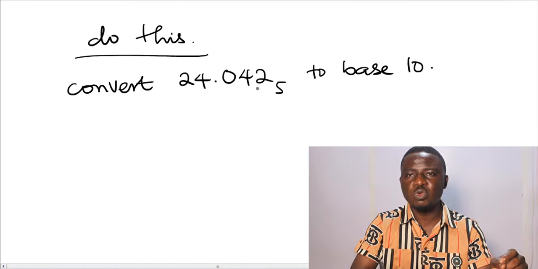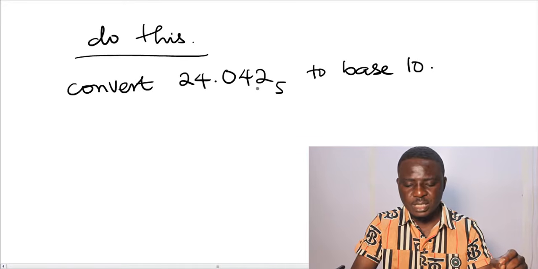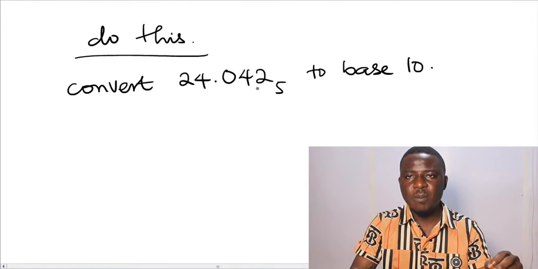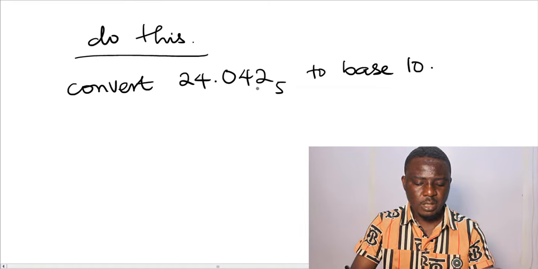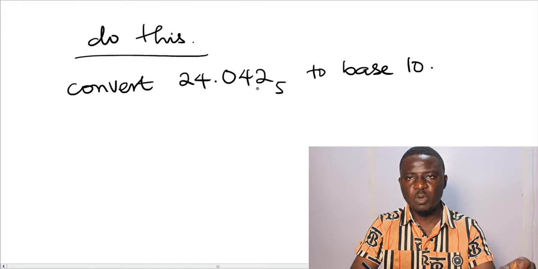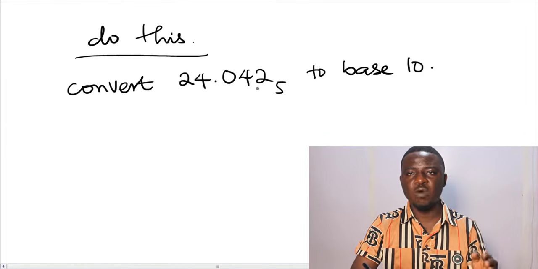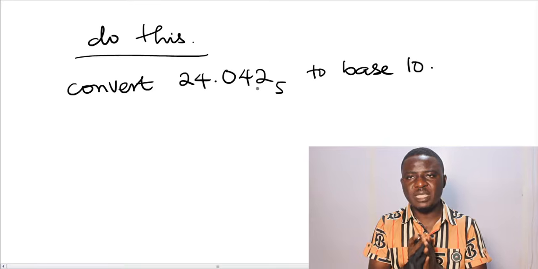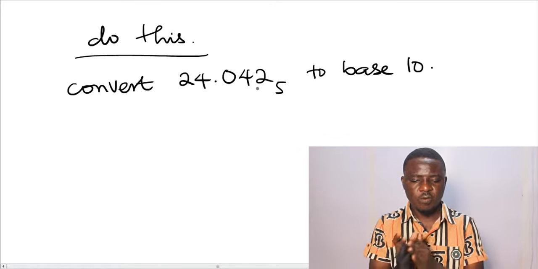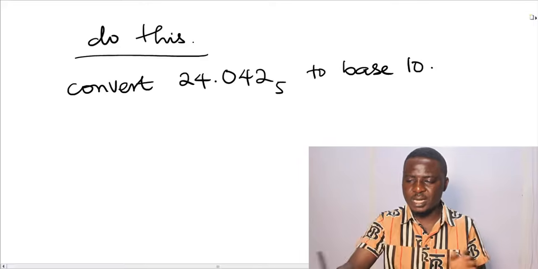While digits to the right will be assigned negative values beginning from -1 to minus infinity. When you are done expanding them, then you simplify. So these are the 3 steps to take in solving this example. I hope you now understand how to convert numbers involving fractions from other bases to base 10.